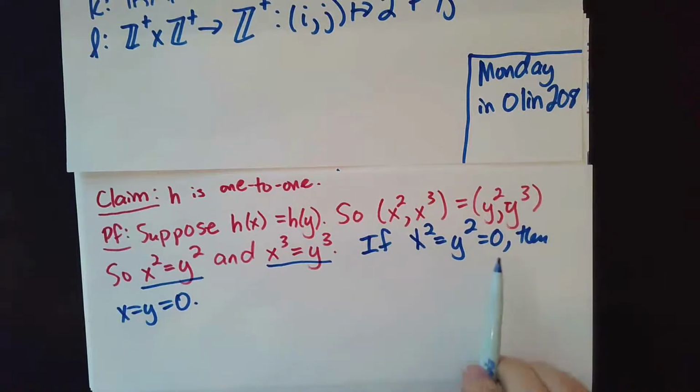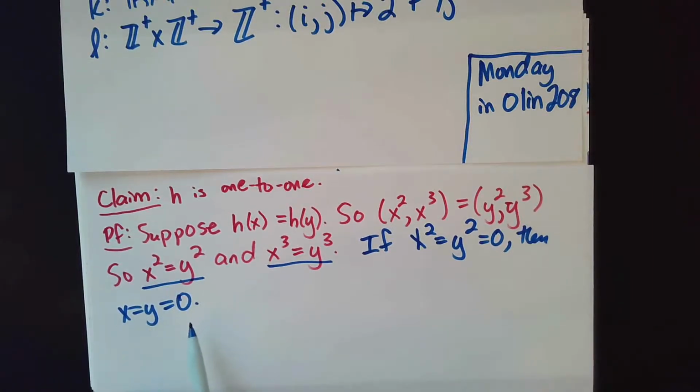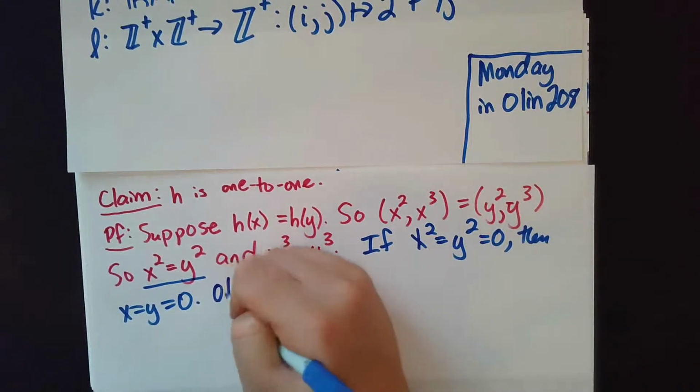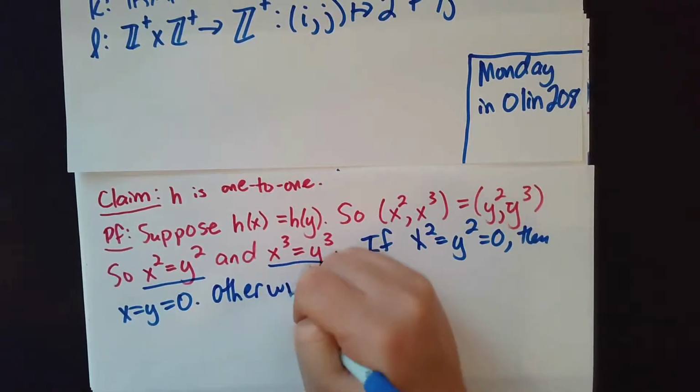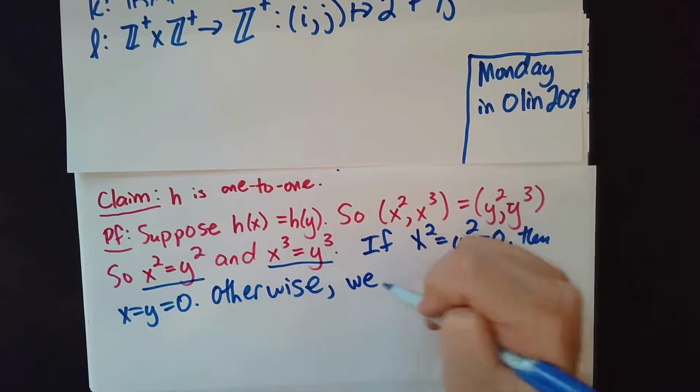So if, in fact, this equation is 0 equals 0, that tells me that both x and y are 0 automatically. But in every other event, we can divide the equations.